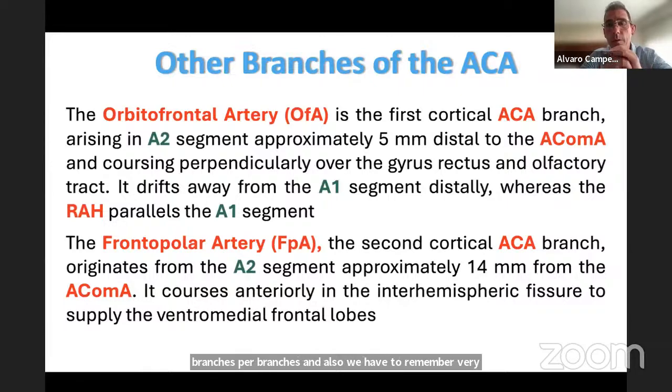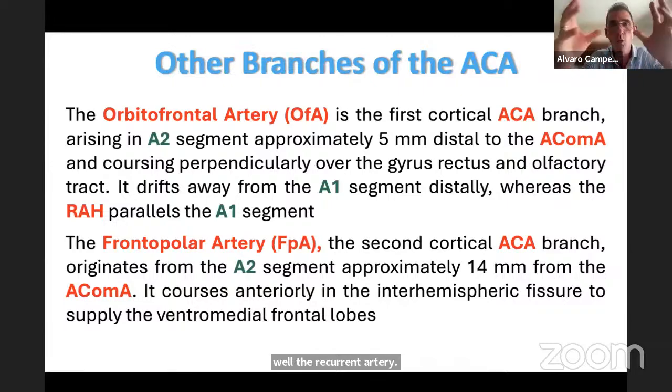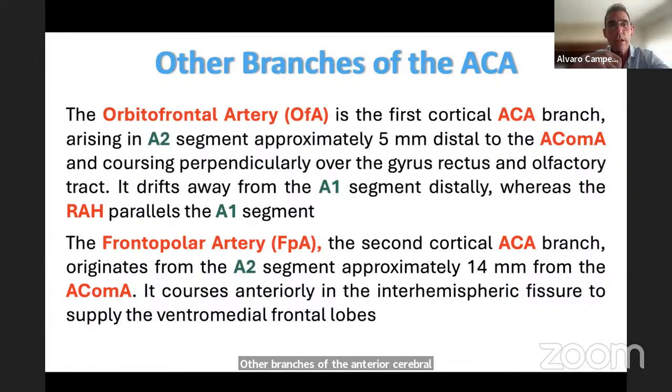Two other branches of the anterior cerebral artery are important to mention in relation to the ACom aneurysm. One is the orbitofrontal artery, the first cortical branch of the anterior cerebral artery, arising at the level of A2, more or less 5 millimeters distal to the ACom artery.